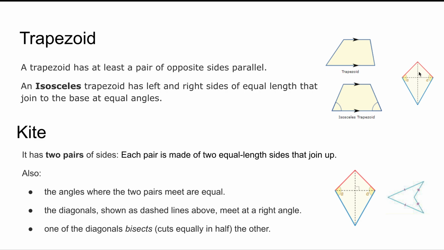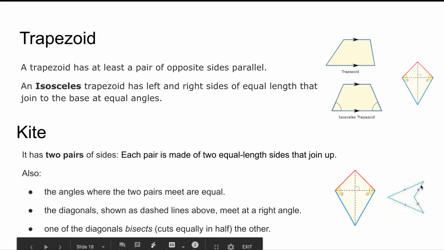But for kite, adjacent ones are congruent, the lengths are congruent, adjacent pairs are congruent, but the opposite doesn't have to be. Okay, this is also kite because, as you can see, this side and that side are congruent, they are joining each other, and this side and that side, so these two pairs are congruent, so we call that a kite.